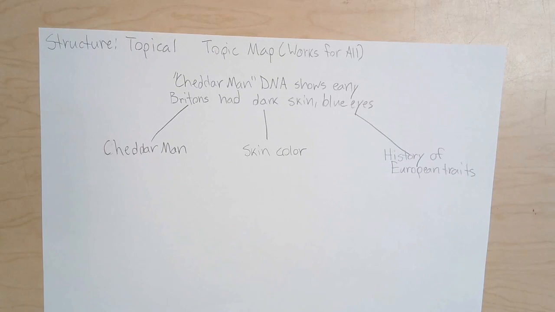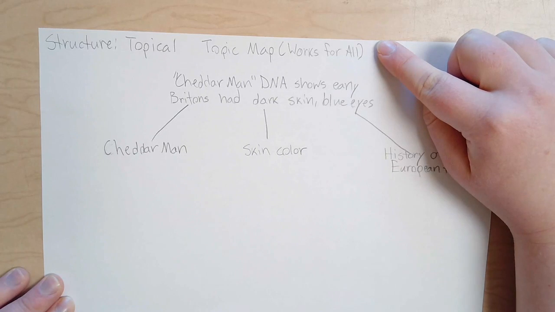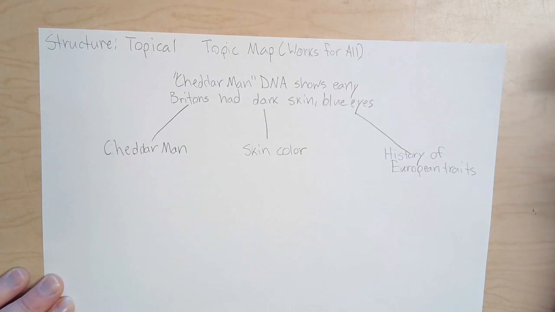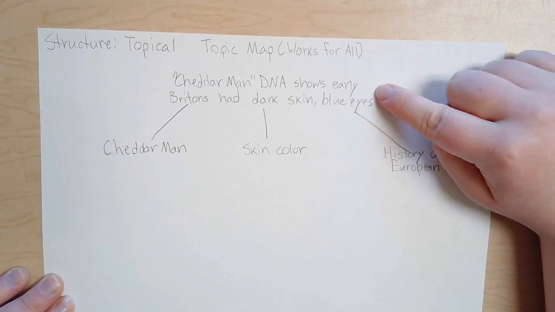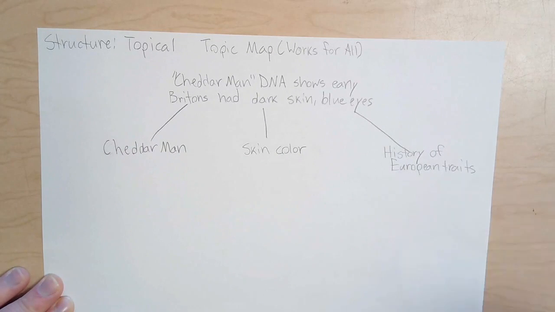So now I'm going to get to the part on how to actually create the topic map, which once again works for all types of text structures, but especially well if the text is organized topically like this is. It doesn't really fit into any of the other text structures we talked about. So at the top of my map, I just put the headline, or the title of the article, and then in the next row underneath it, I divided it into the 3 main topics that are discussed.